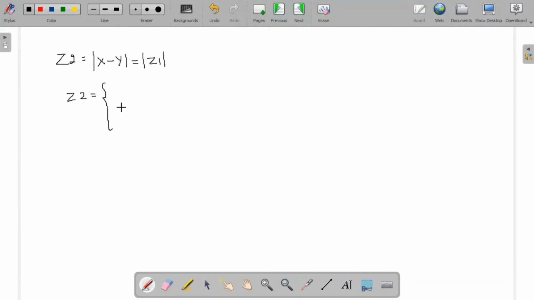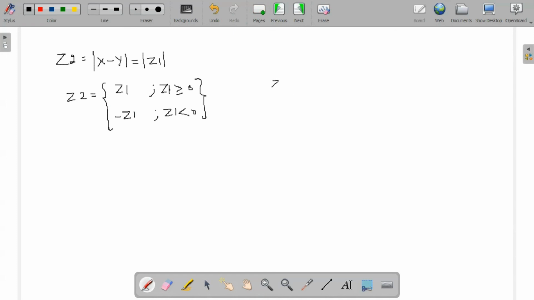Z2 is equal to Z1 provided Z1 is greater than equal to 0, and Z2 will be equal to minus Z1 provided Z1 is less than 0.